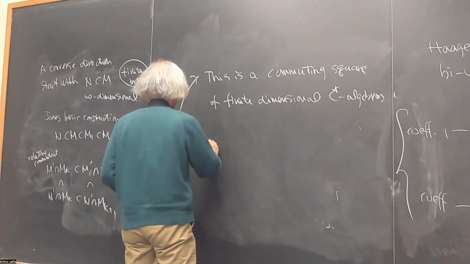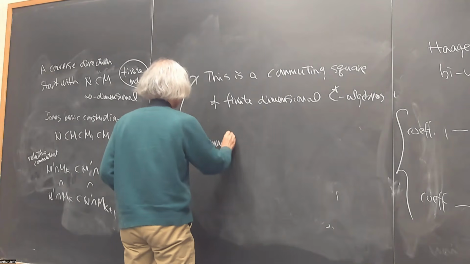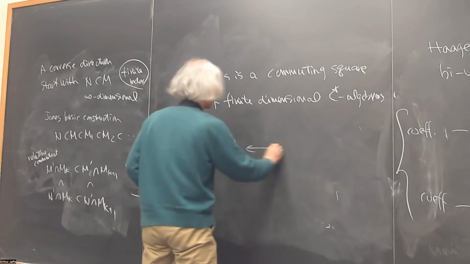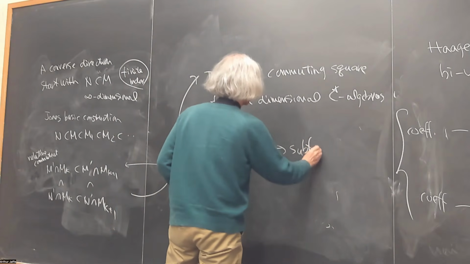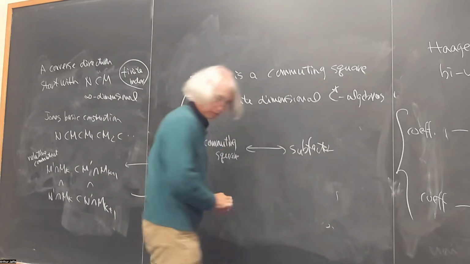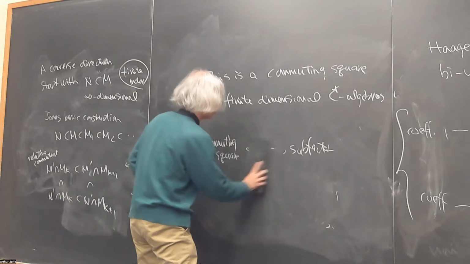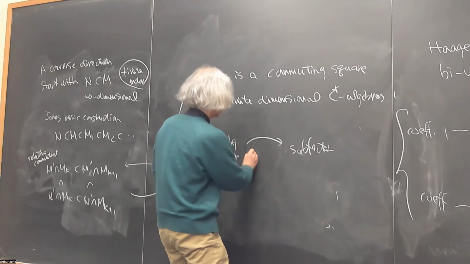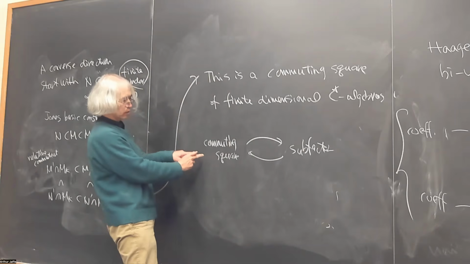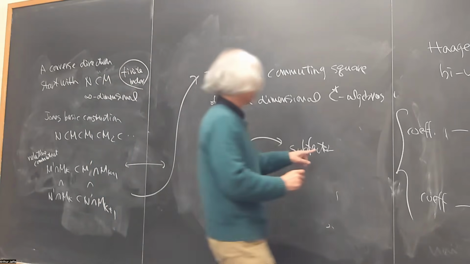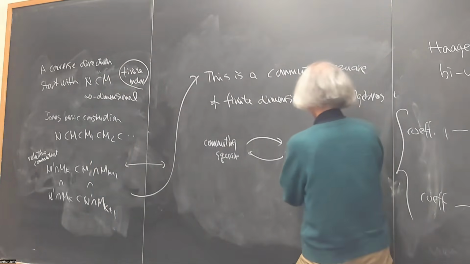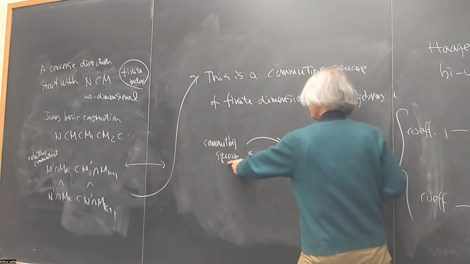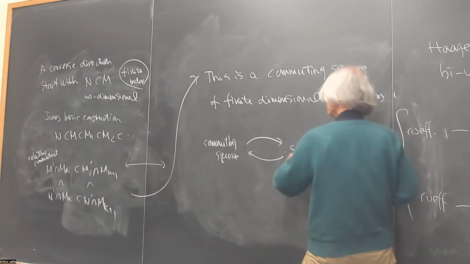So we start with a nice subfactor, go to the left-hand side, the commuting square, and apply this construction.